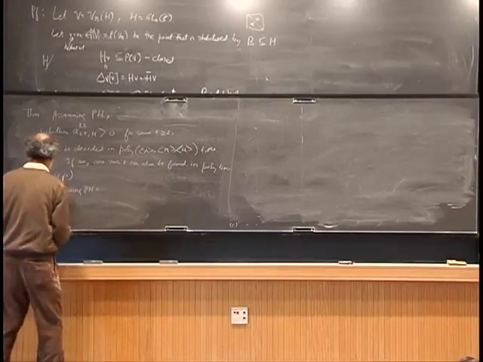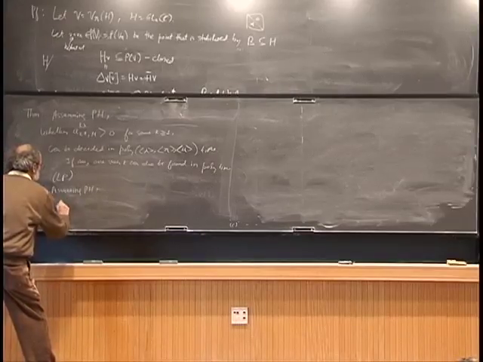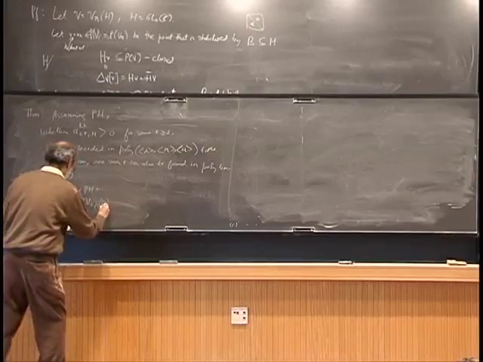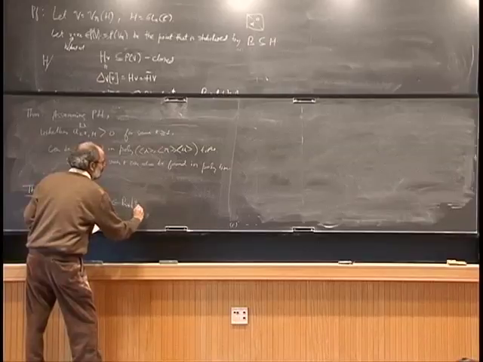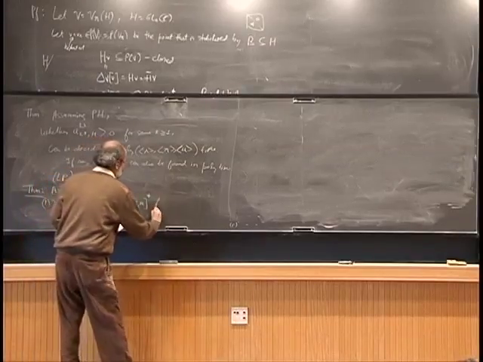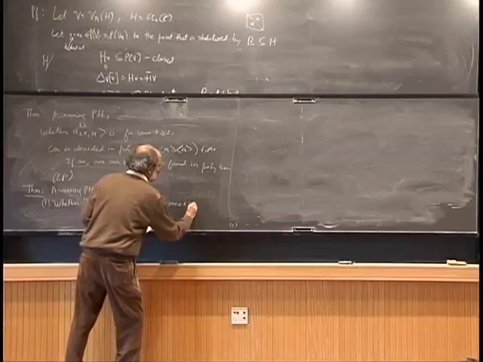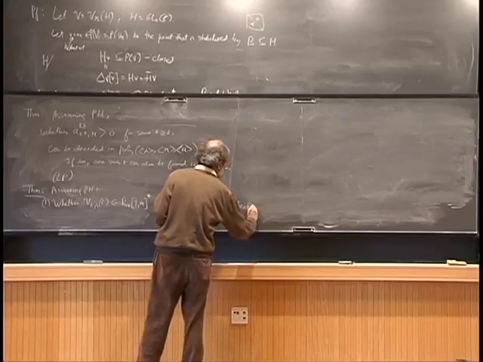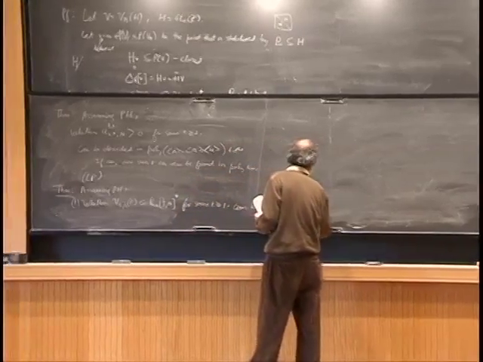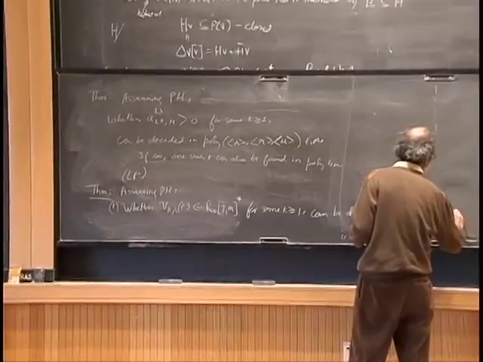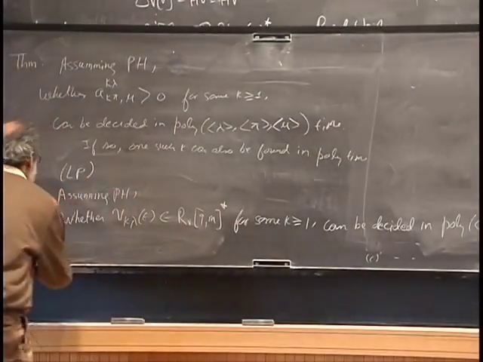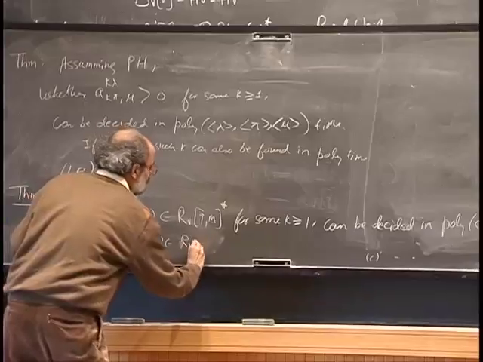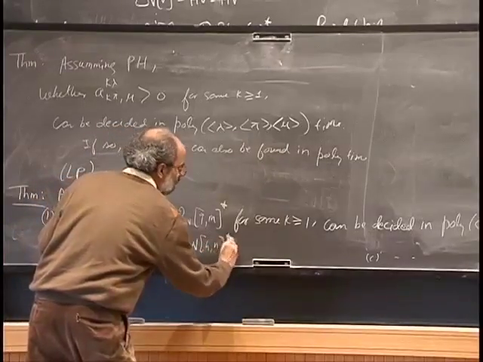Assuming PH, whether V k lambda g occurs in the homogeneous coordinate ring of the determinant dual for some k greater than or equal to 1 can be decided in polynomial time in the bit length of lambda, and similarly for the permanent, whether V k pi h belongs to R W h n star.